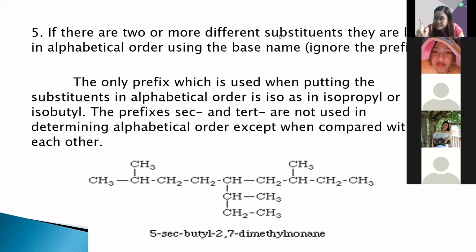So, the first step, again, the first step is to identify the parent chain. Diretso-diretso ha, hindi ka pwedeng maputol pag nag-count ka. So kung mag-straight chain tayo, 1, 2, 3, 4, 5, 6, 7, 8, 9. This is 9 here. Another one: 1, 2, 3, 4, 5, 6, 7, 8. So that's 8 there. Diretso ha.